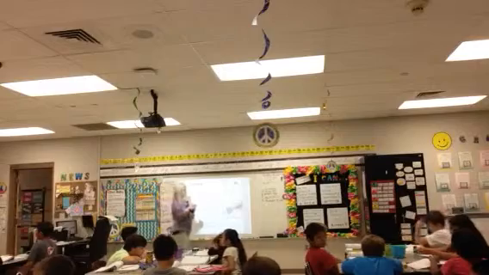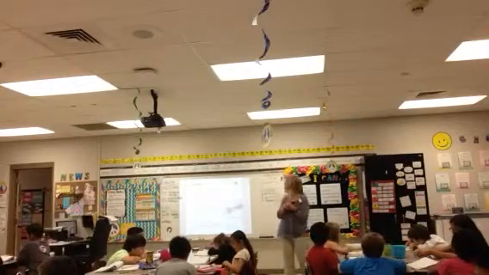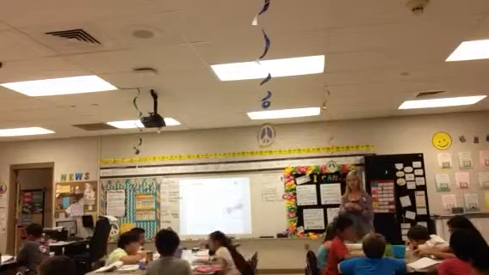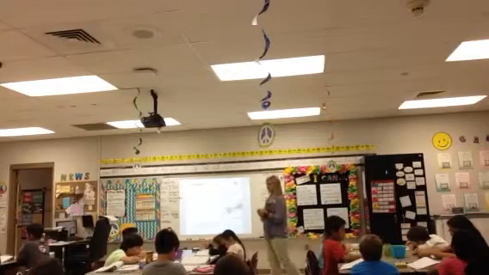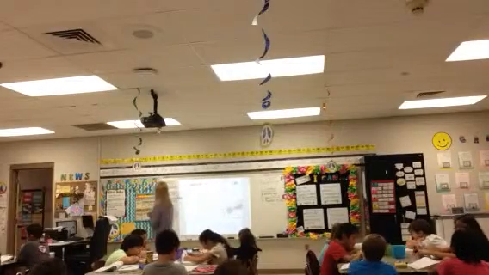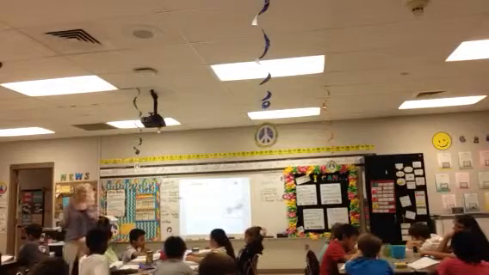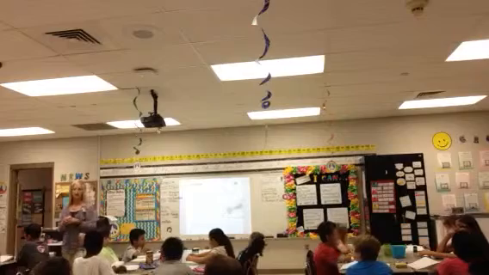It says you can use the distributive property to break apart numbers to make them easier to multiply. The distributive property states that multiplying a sum by a number is the same as multiplying each addend by the number and then adding the products.